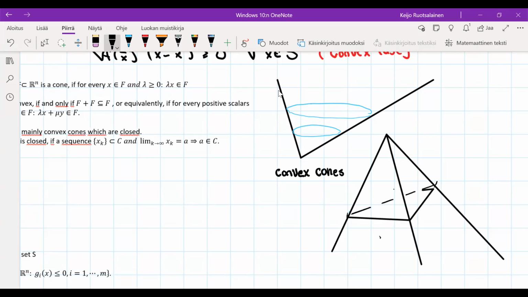Like this. Then we might have non-convex cones.